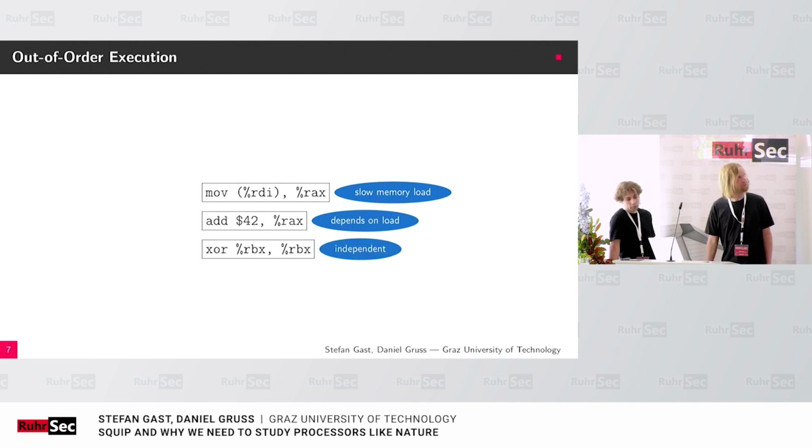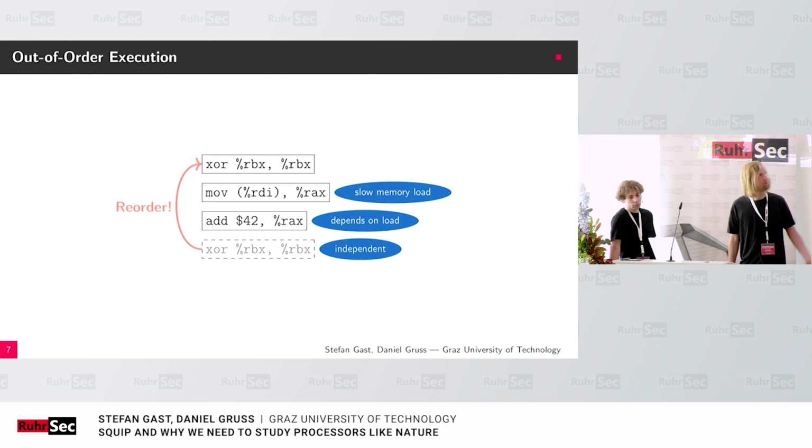But the third one is totally independent. So what the CPU does, it just reorders them. Because the third instruction is independent, the CPU can just execute it while the slow load is running, or even before.